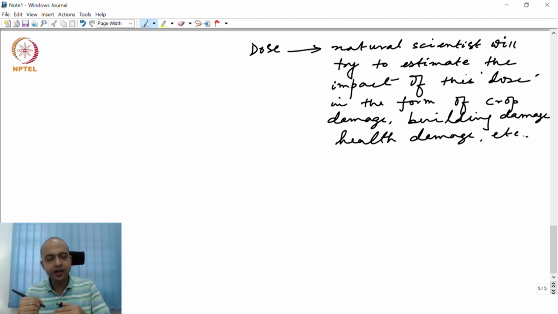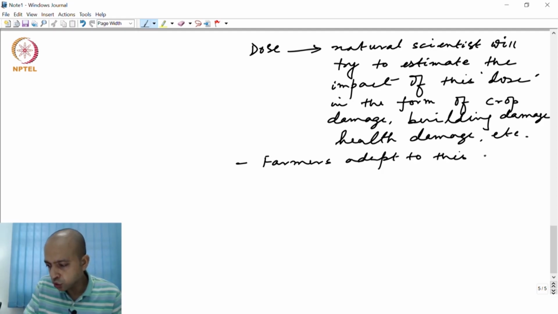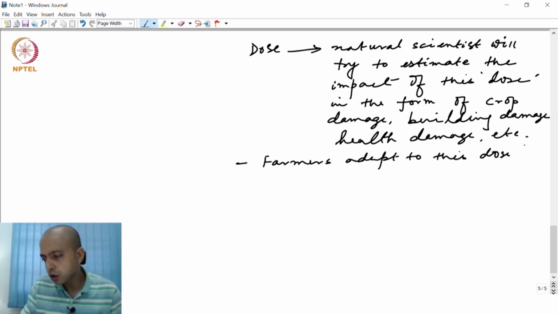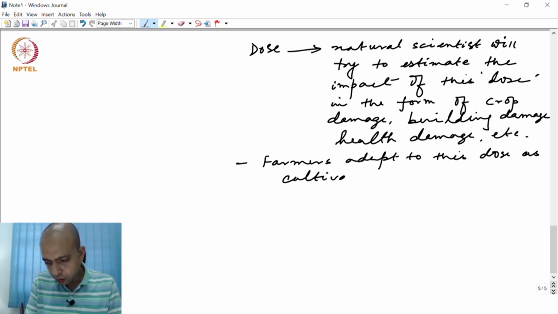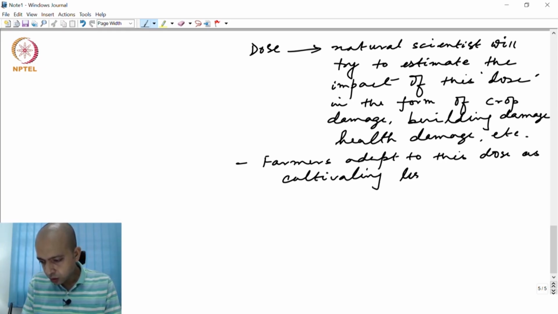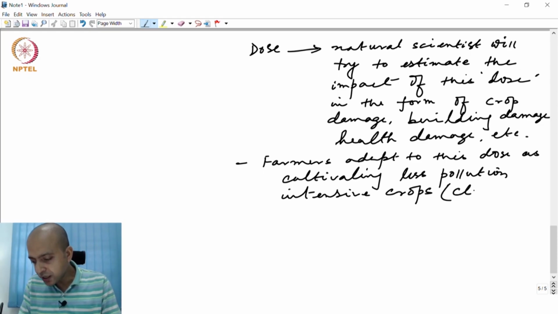Now let us say that the farmers adapt to this dose by cultivating less pollution intensive crops or climate resilient crops.